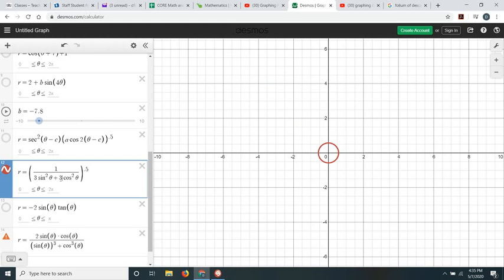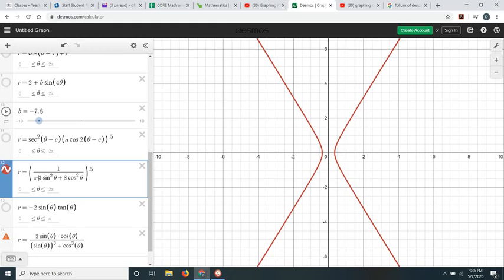I mean, it's a circle, but if these two coefficients right here are not the same, then you'll get the elliptical shape. And then if you get a negative sign, like if I put the negative sign here, it's going to go out to the side. Okay, so there's that. So that's ellipses and hyperbolas.